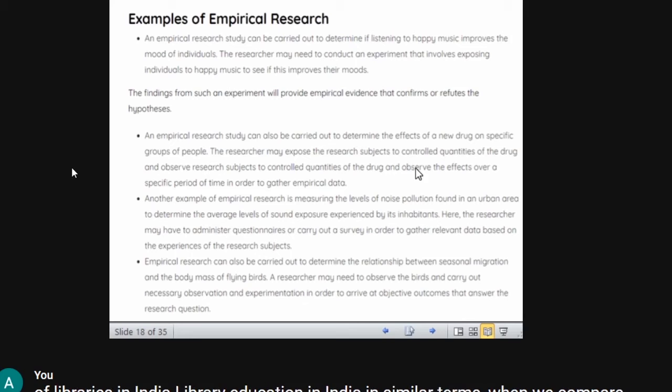An empirical study can be carried out to determine if listening to happy music improves the mood of individuals. So you are observing a certain phenomenon to expect a certain outcome, right? That is empirical research.